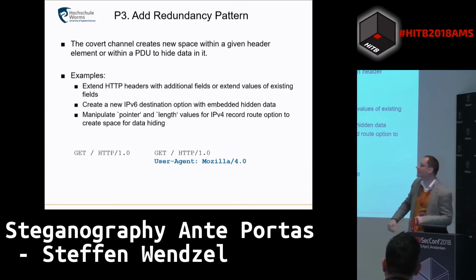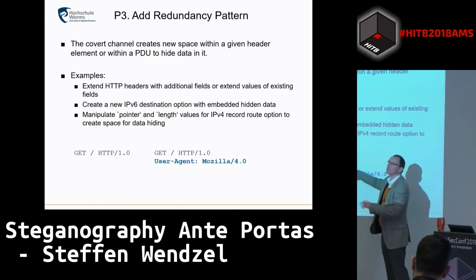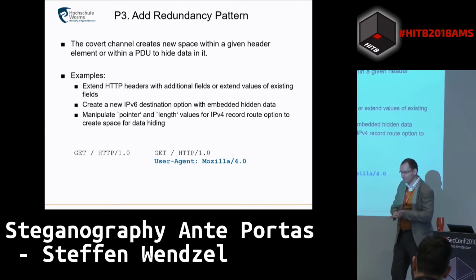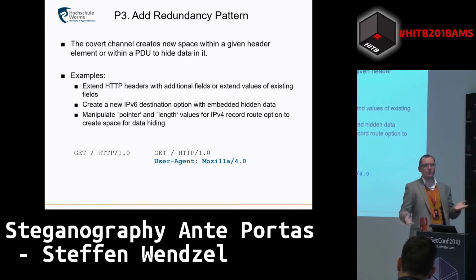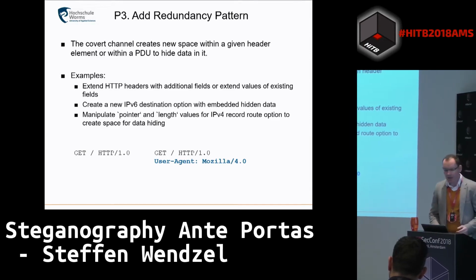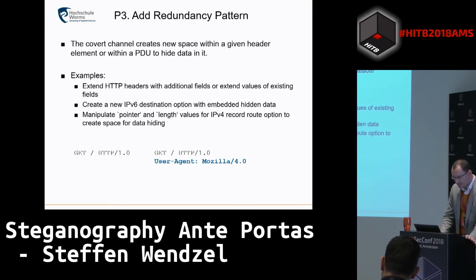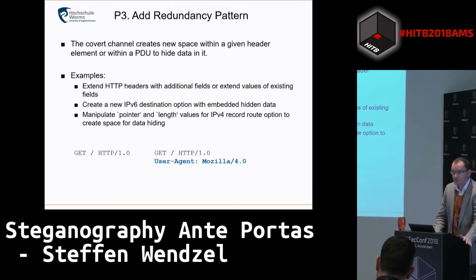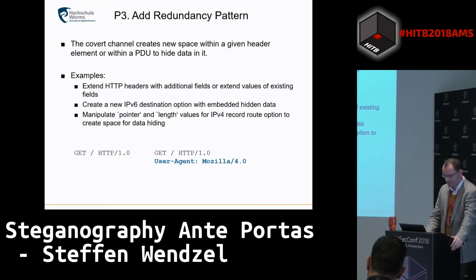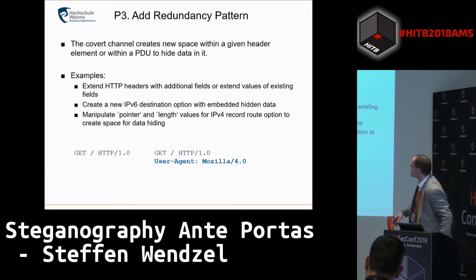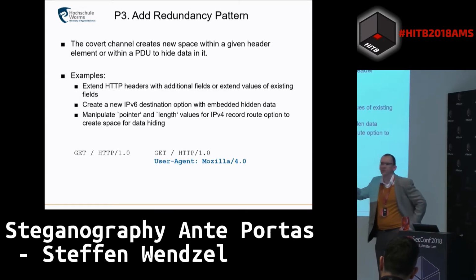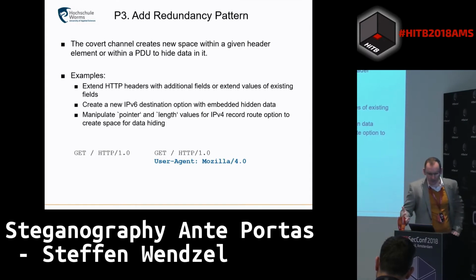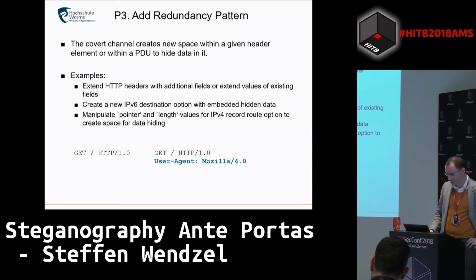And of course, instead of using one line, you can add multiple of these header lines, and you can also do this just for selected packets, etc. There are plenty of ways to do that. Also, one idea that I really liked was to create a new IP version 6 destination option. That's also a form of this add redundancy pattern.